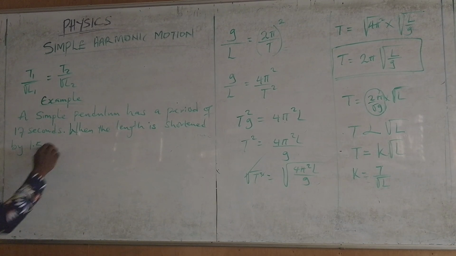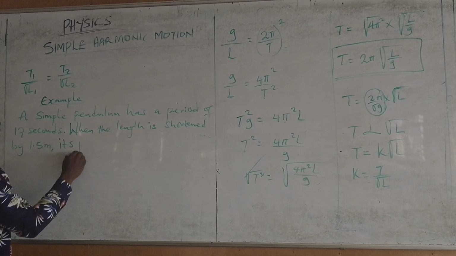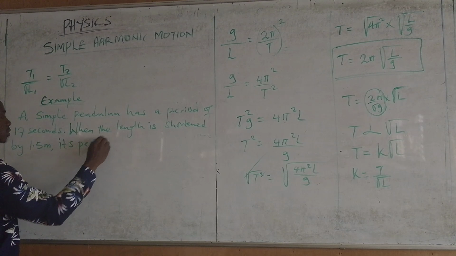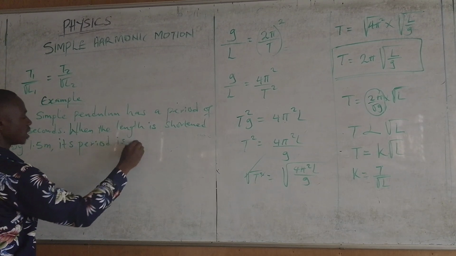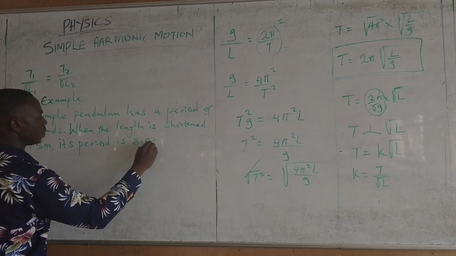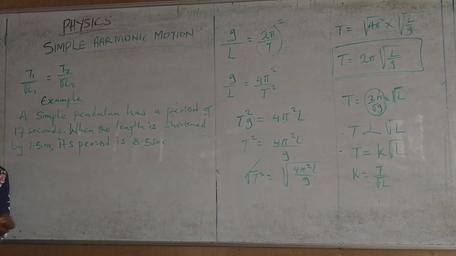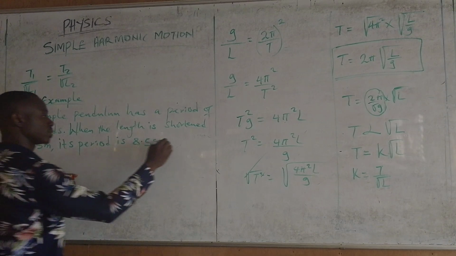Its period now becomes 8.5 seconds, to show that there's a relationship between length and what? And period. Calculate the original length of the pendulum.